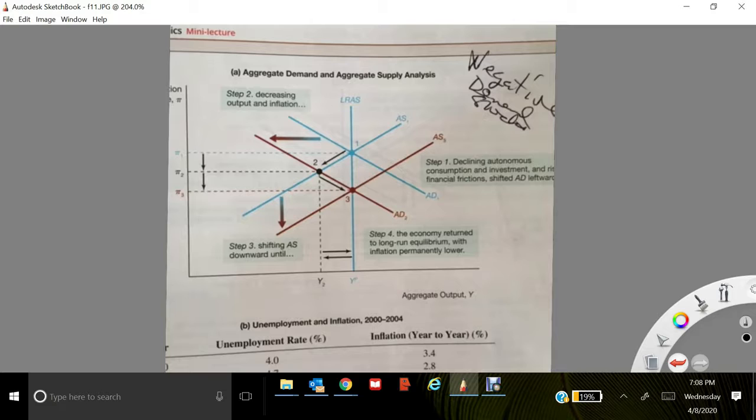Now we're going to look at various events in the economy that caused aggregate demand to fall. This is the 2000 to 2004 period.